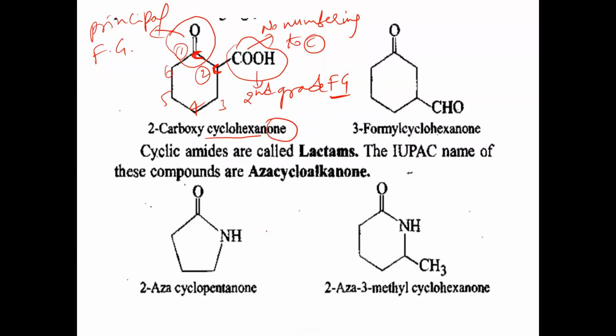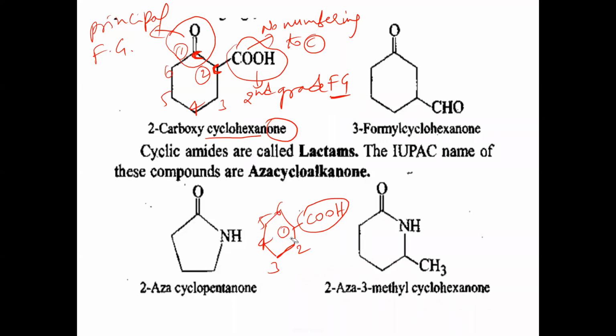But suppose we take a structure like this, cyclohexane with COOH. In this case, no other group is there, no ketone group is present in the ring. In this case, this carbon only is given the first position. When a carbon-containing group like COOH is attached to a cyclic compound, what name do we have to use? Here first carbon, second carbon, third, fourth, fifth, sixth.